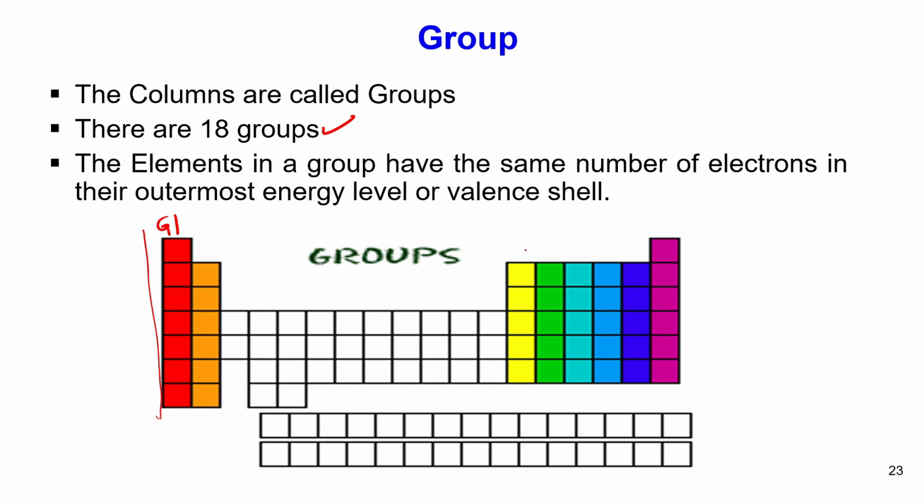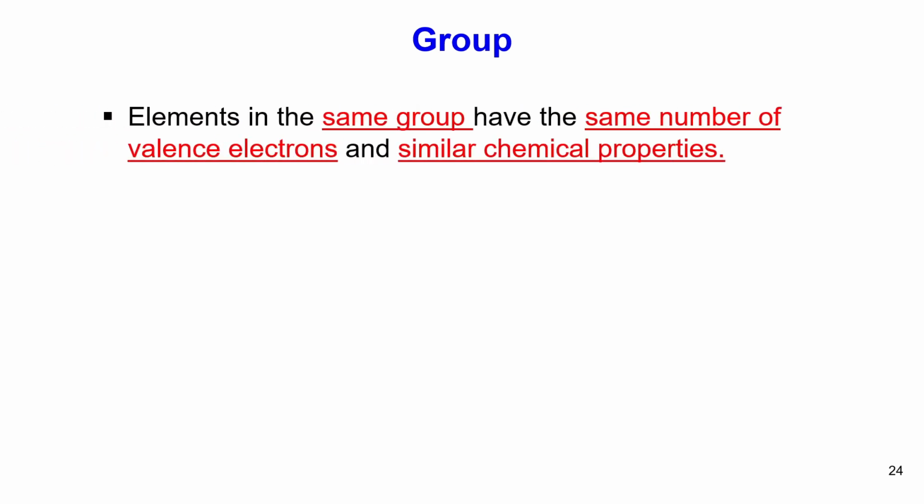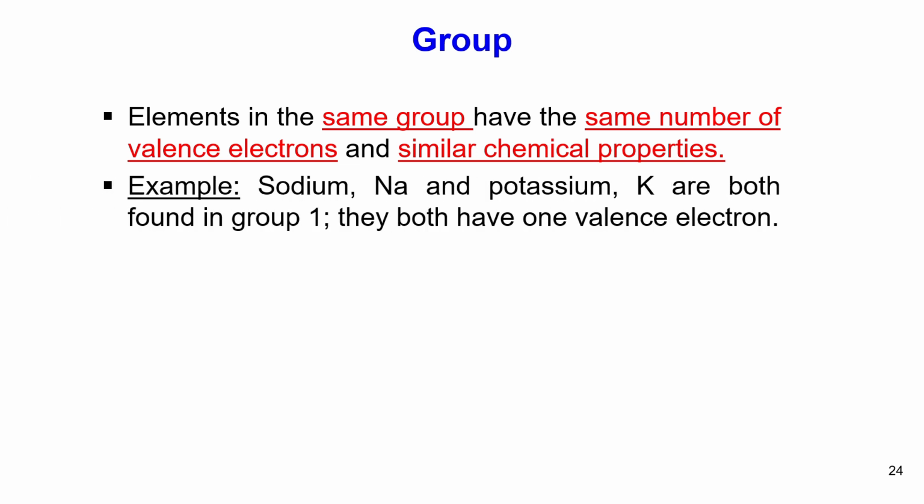This one is group 2, 3, 4, 5, 6 until 12. This one is 13 until 18. Elements that are in the same group will have the same number of valence electrons and also similar chemical properties.